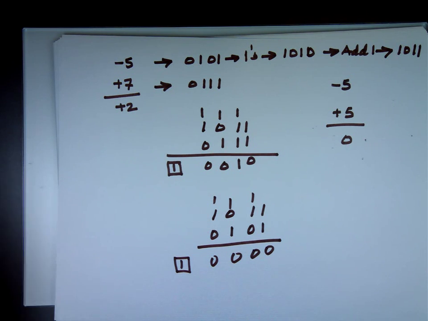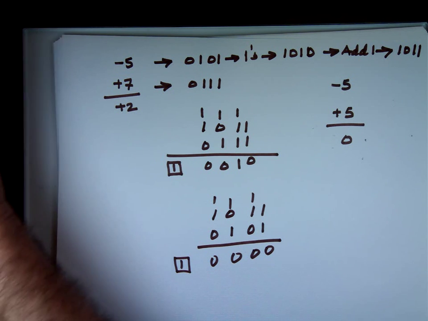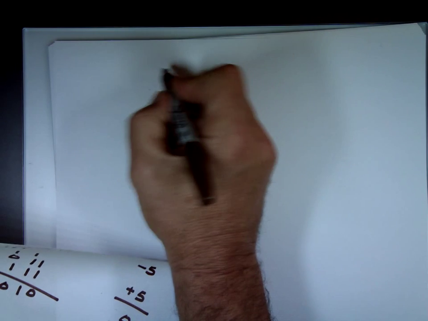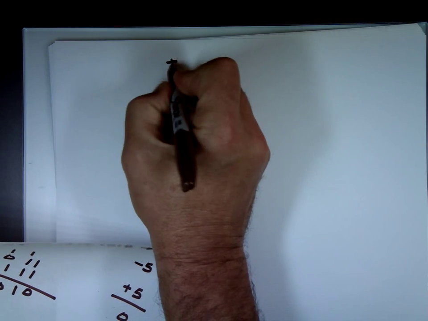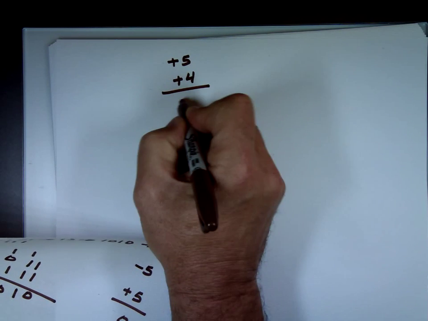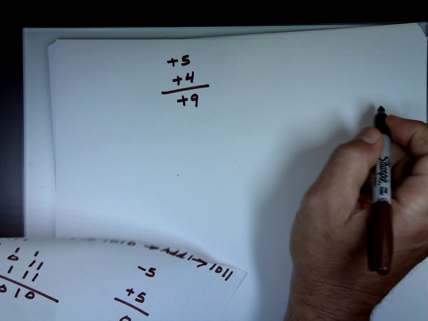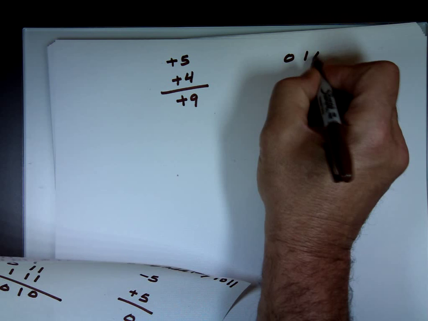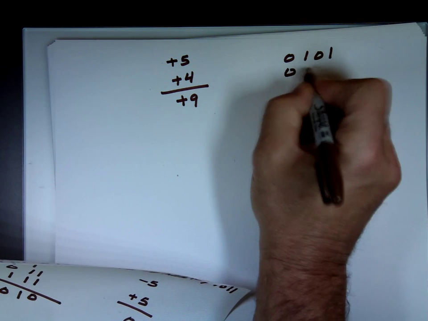Now, let's try another one. Now let's add the same signs. Let's add plus 5 and plus 4. What's the answer? Plus 9. 5 is 0, 1, 0, 1. 4 is 0, 1, 0, 0.